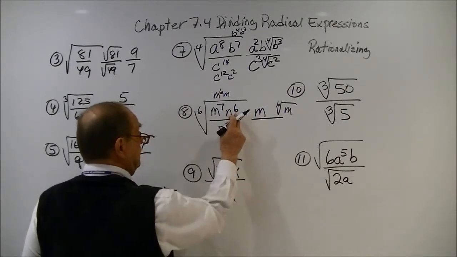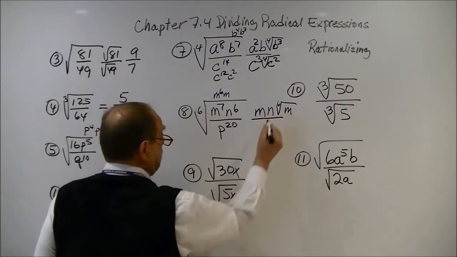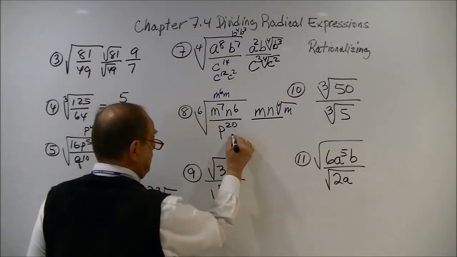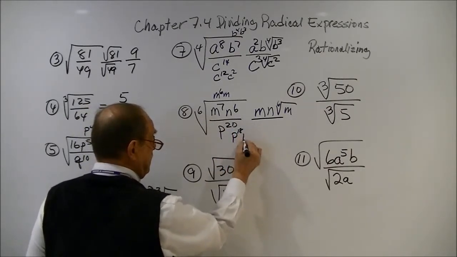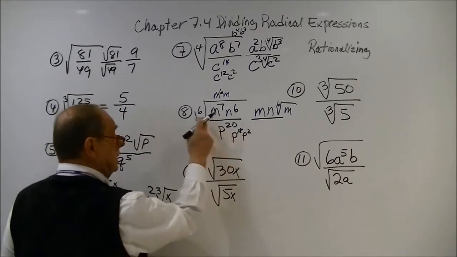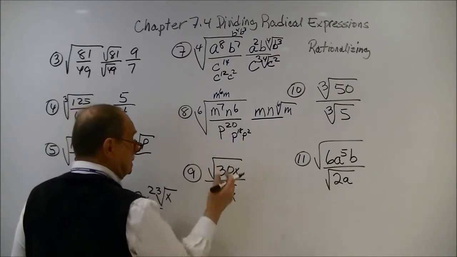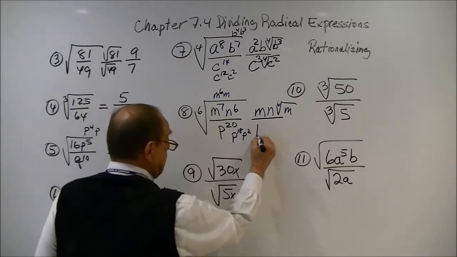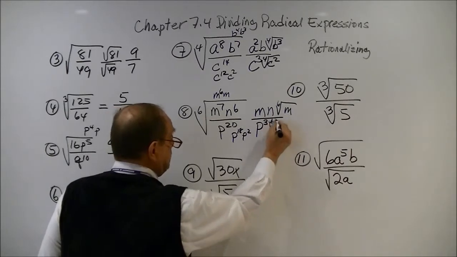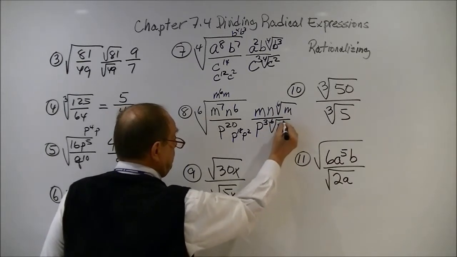This is a perfect 6th power, so that becomes n. And then here we're going to go p to the 18th, p to the 2nd. 18 is a perfect 6th power, so that comes out as p to the 3rd, and then the 6th root of p squared.